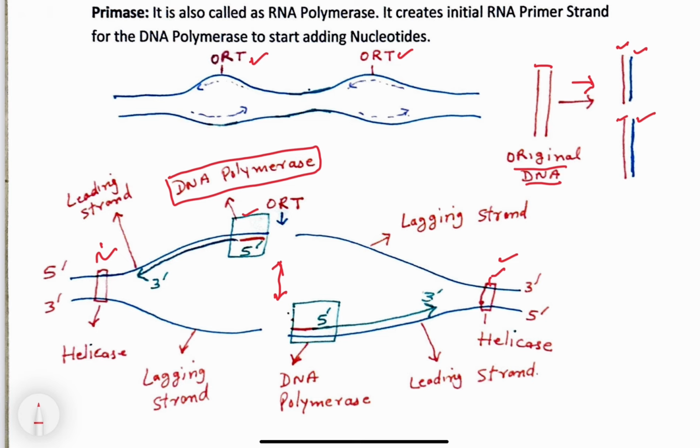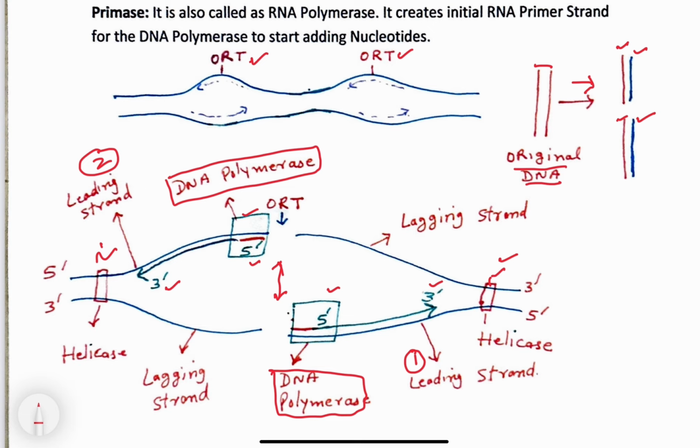So there are two leading strands. One is leading strand right here, and second one is right here. So this is where DNA polymerase would join and start adding nucleotides from 5 prime to the 3 prime direction. From 5 prime to 3 prime direction.